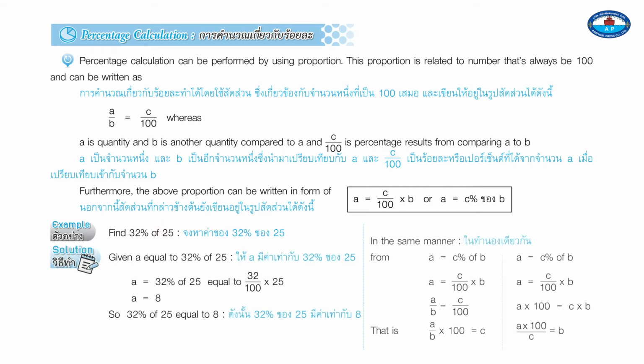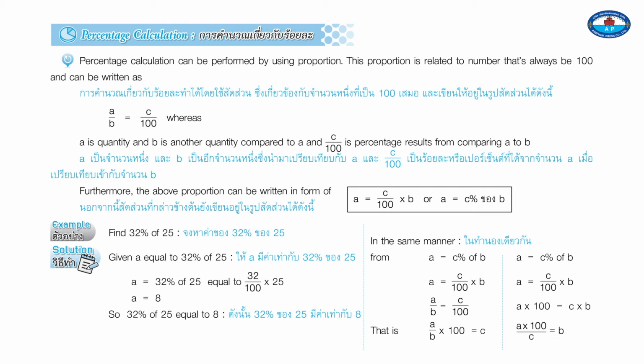Solution, given A equals 32% of 25, A equals 32 over 100 times 25. A equals 8. So 32% of 25 equals 8.